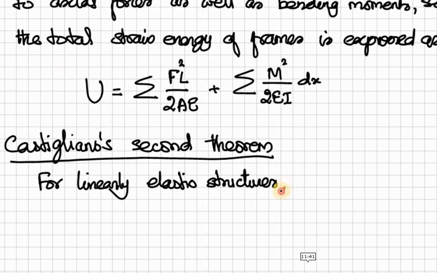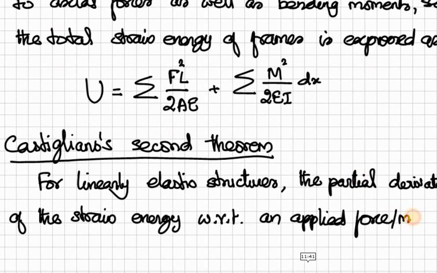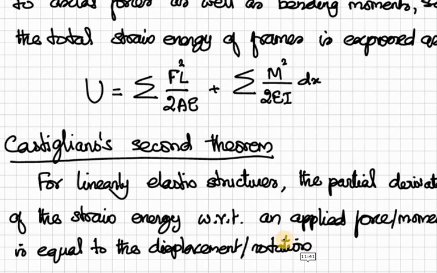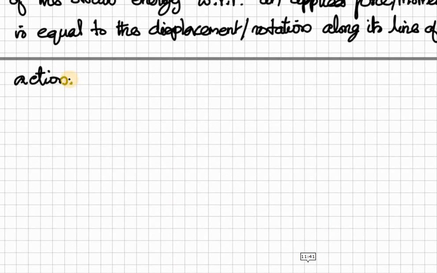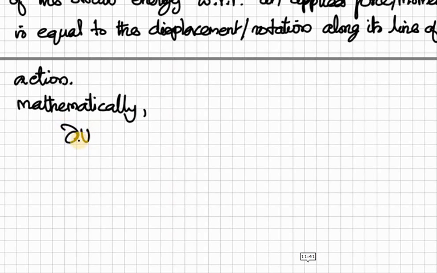This is the statement for the Castigliano second. Mathematically, it can be written as dou U by dou Pi is equal to delta i, or dou U by dou Mi is equal to theta i.